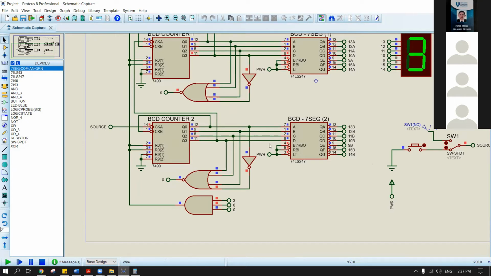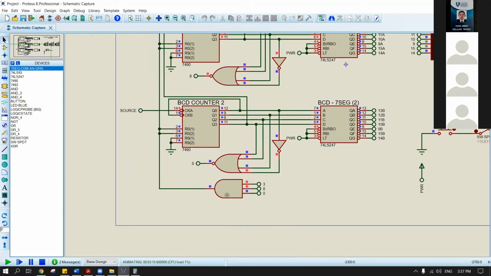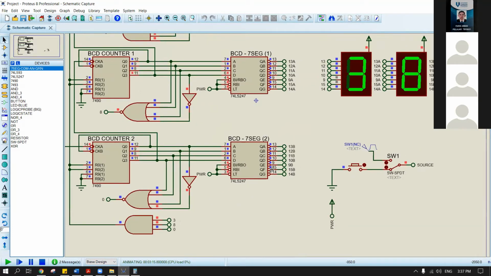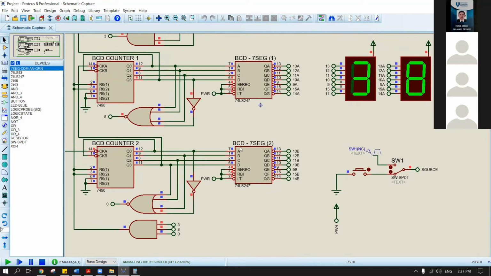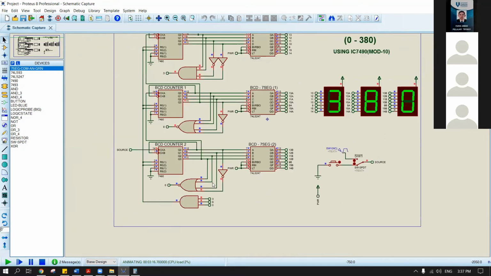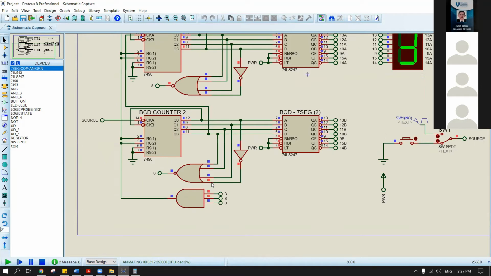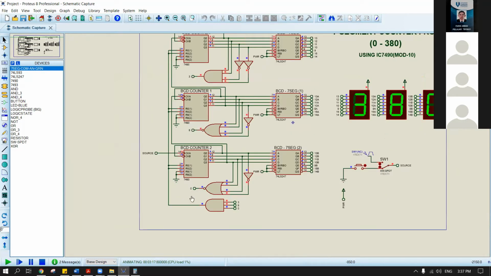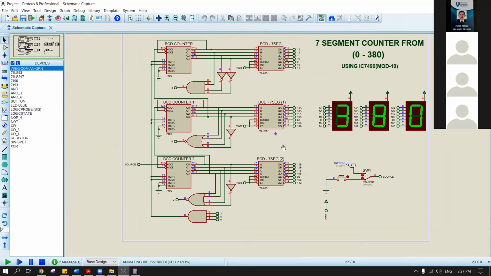I want to make it 0, but if you can see, why did I put the NOT gate here? To block 0 from going to number 1, right?